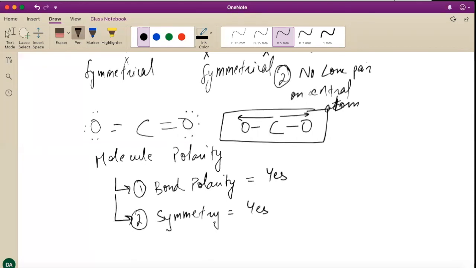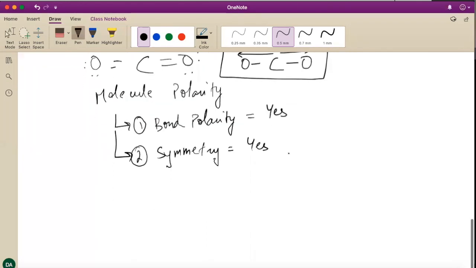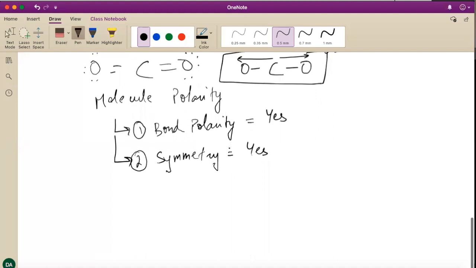Now, guys, pay attention to this point. We are trying to decide based off these two pieces of information if our molecule CO2 is polar or non-polar. For the bond polarity, we are saying yes, it is a polar bond, and that indicates the molecule must be polar. If the bond is polar, then most probably the molecule will be polar. But you have to look at symmetry.